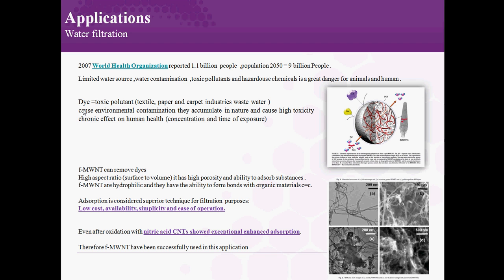Functional carbon nanotubes can be used as a mixture with nanofibers, and they can absorb the dyes on the sidewall themselves. You can see some pictures here. These are the dyes which are trapped in the carbon nanotubes.